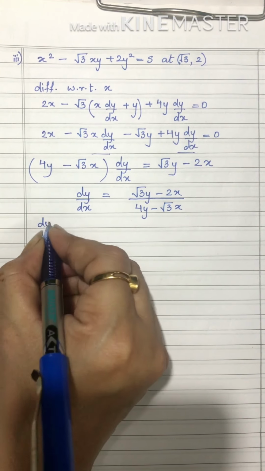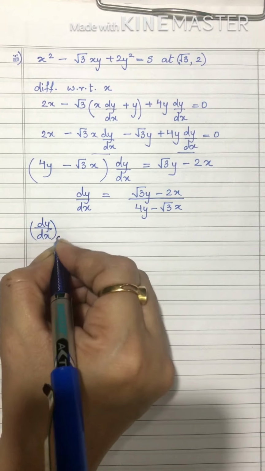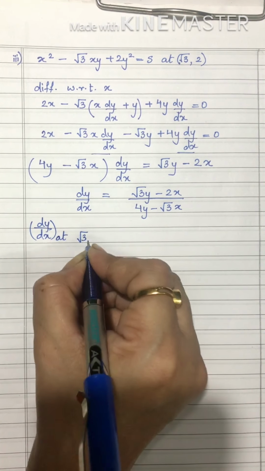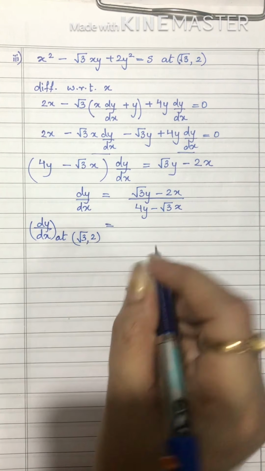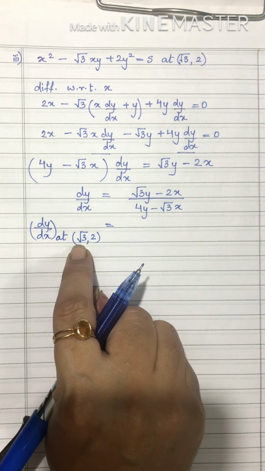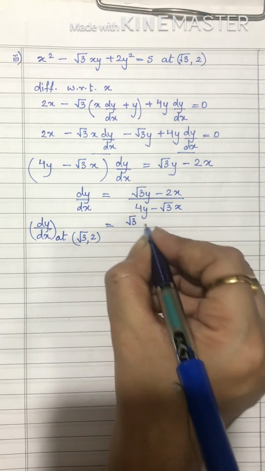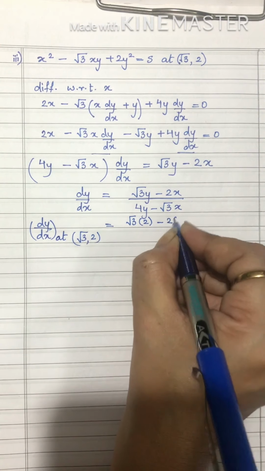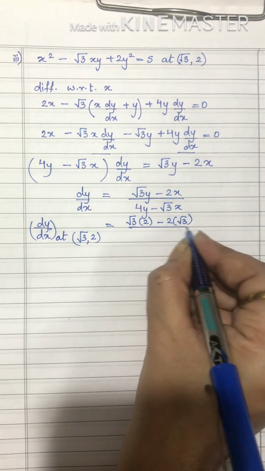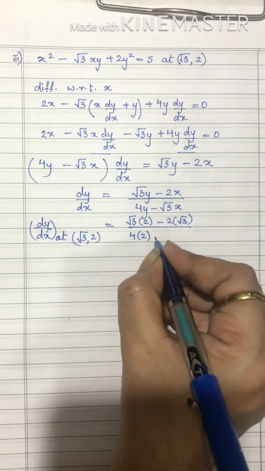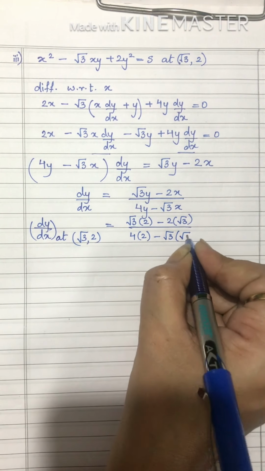So next I write dy by dx at root 3 comma 2 is equal to, now we will substitute root 3 in place of x and 2 in place of y. So we get here root 3 into 2 minus 2 into root 3 upon 4 into 2 minus root 3 into root 3.